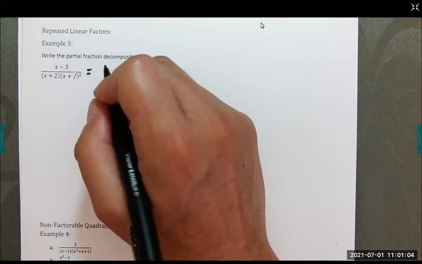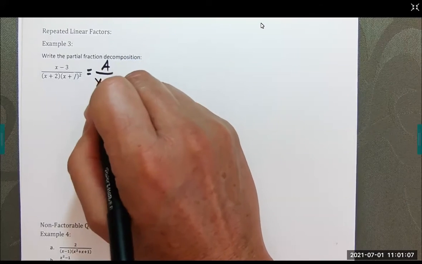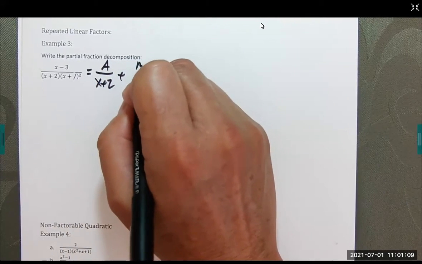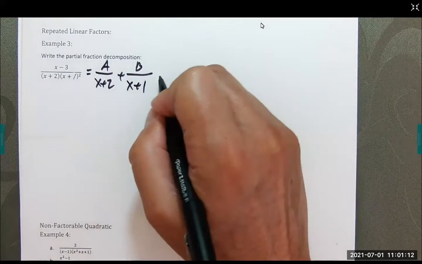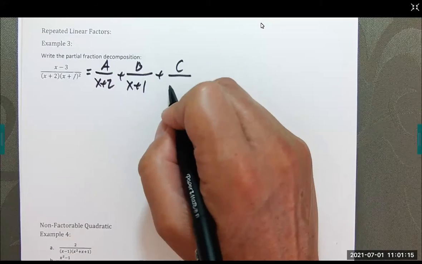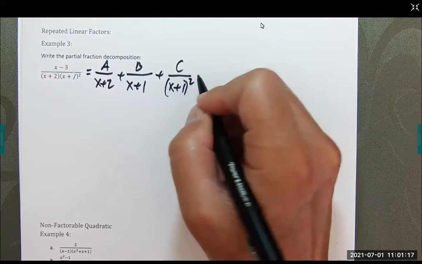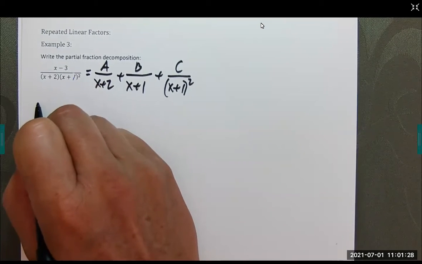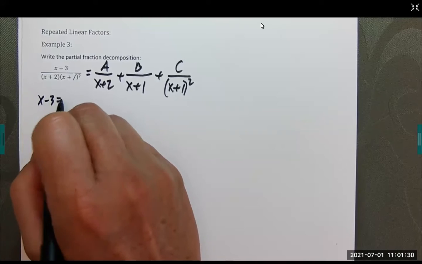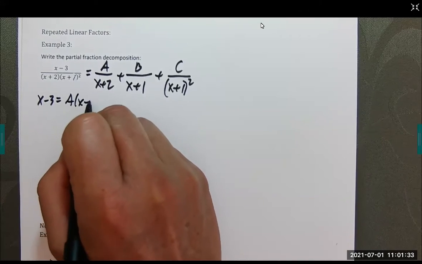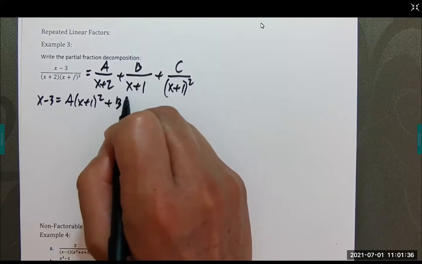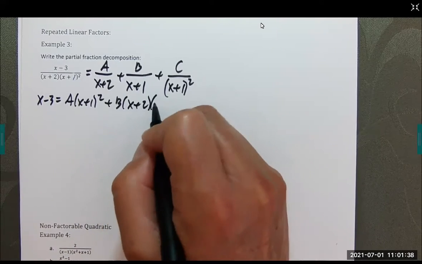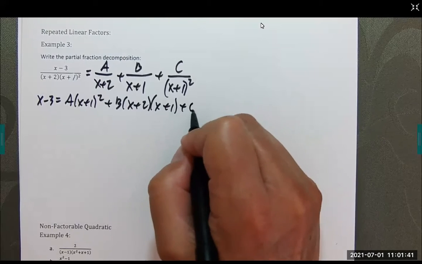So we are going to assume that we have this intermittent one, even though we may not. And I'm going to multiply through by the LCD to get x minus 3 equals a times x plus 1 squared plus b times x plus 2, x plus 1, plus c times x plus 2.